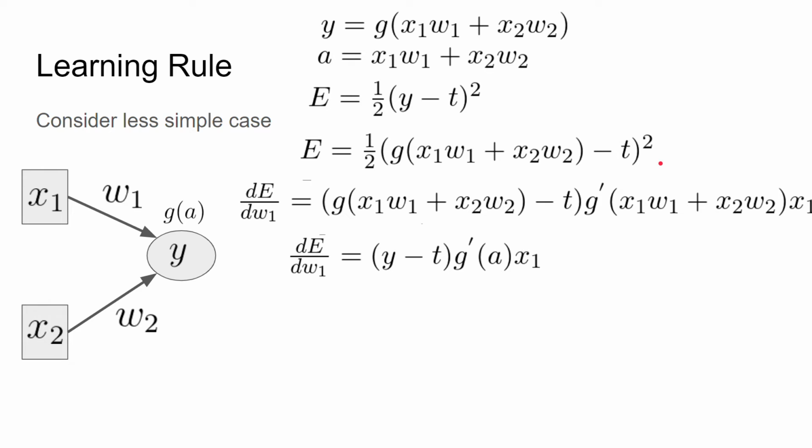Again, we can just substitute back in and write it in a more compact way. And again, this is the new term that appears. It's the derivative of that function at a, where a is whatever this input is right now. Fine. And then we can write out our learning rule yet again.